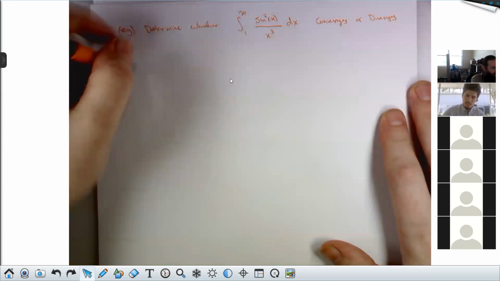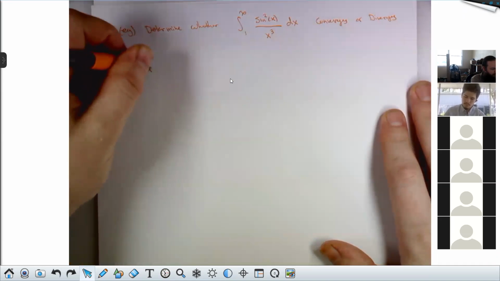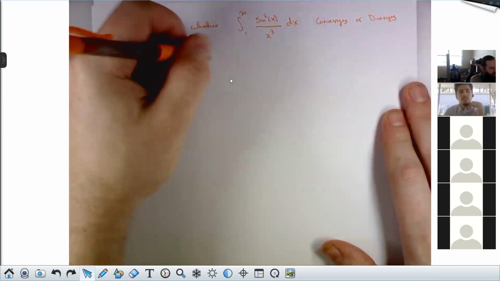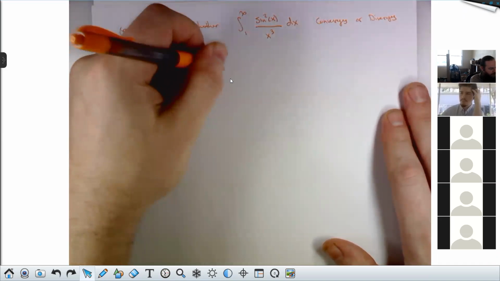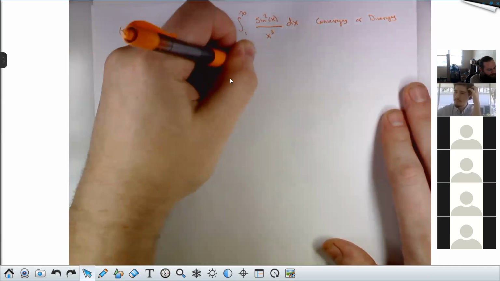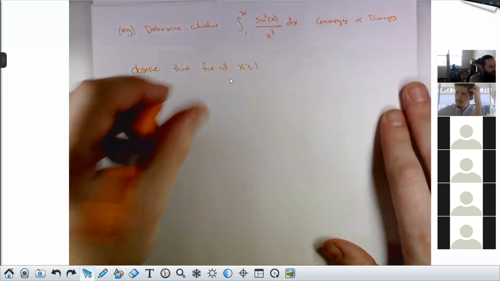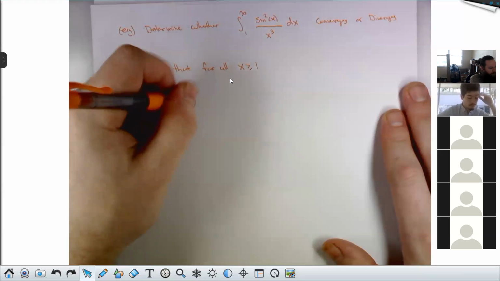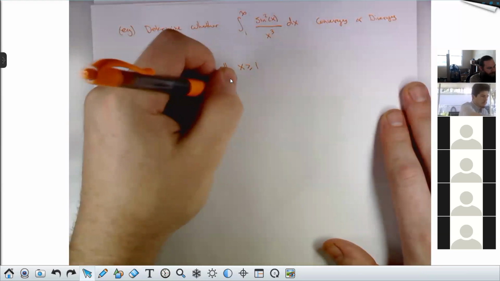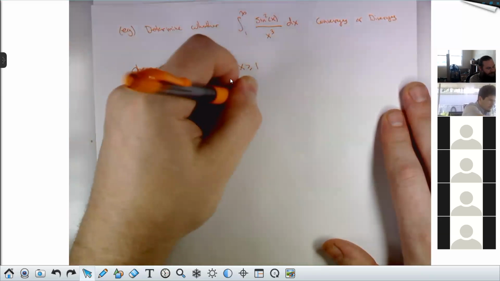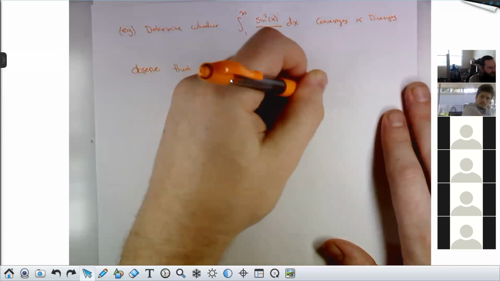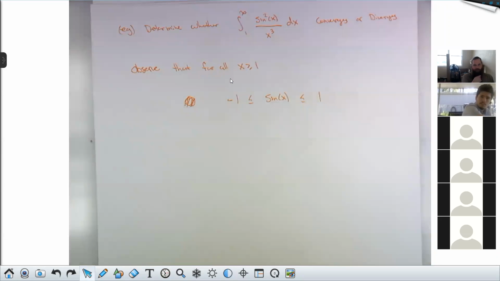Let's say, observe that for all x's greater than or equal to 1, actually, let me even start further back. -1 is less than or equal to sine x is less than or equal to +1.